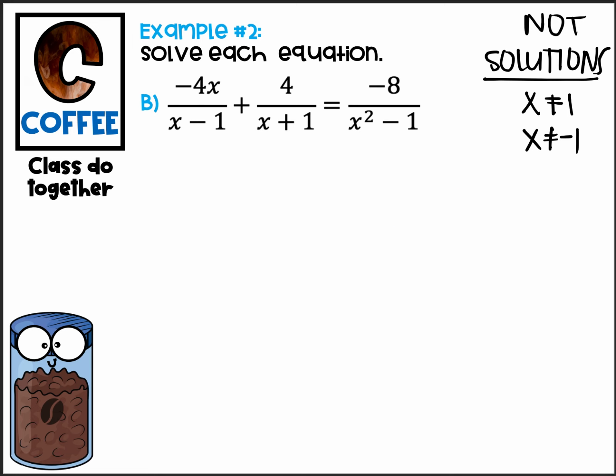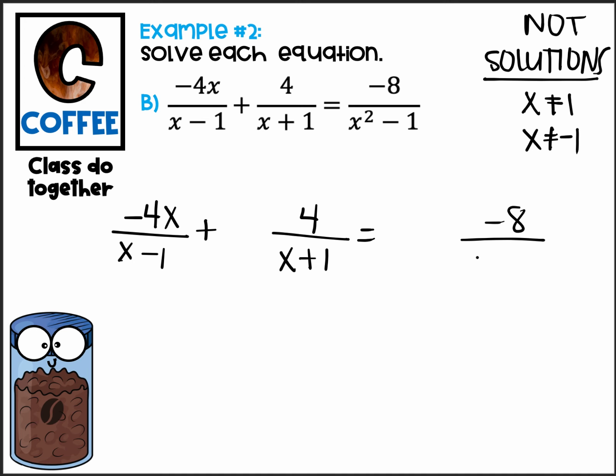First, multiply by my least common denominator. It looks like my least common denominator will be this one, x squared minus 1, because it's these two multiplied together. Let me make some space so I can multiply them all. Negative 4x over x minus 1 plus 4 over x plus 1 equals negative 8 over x squared minus 1.